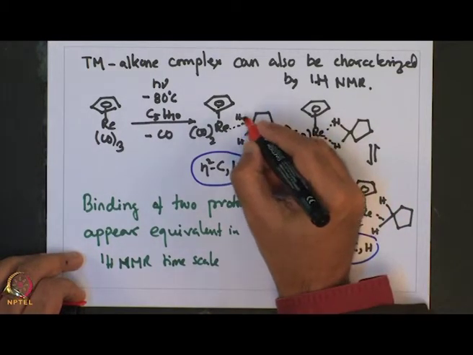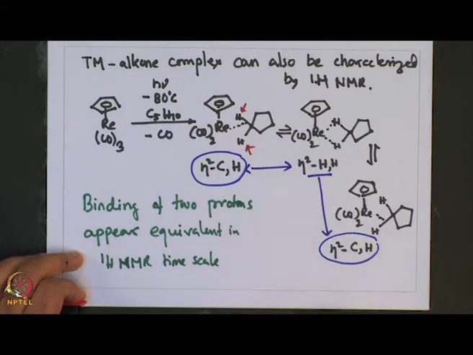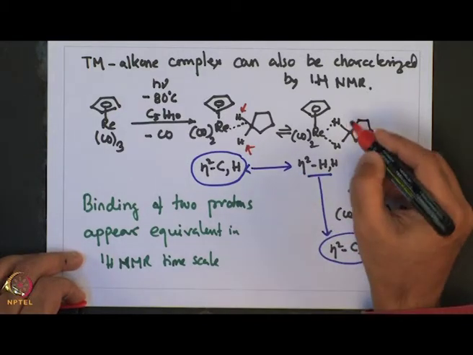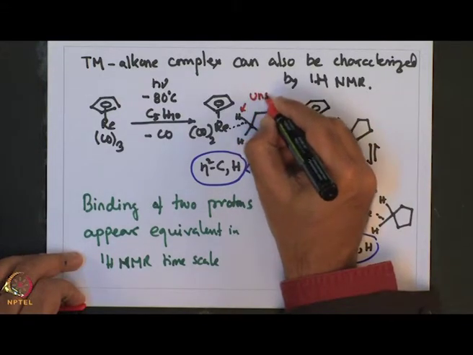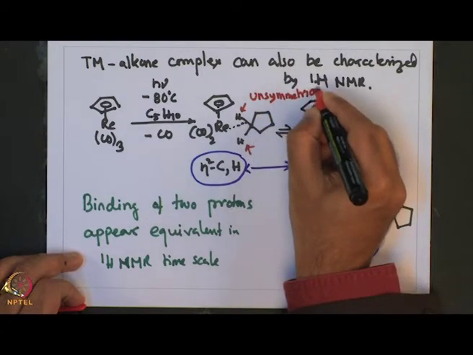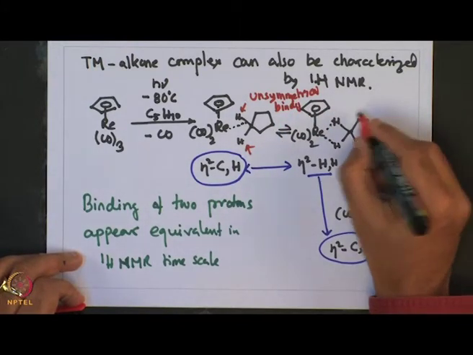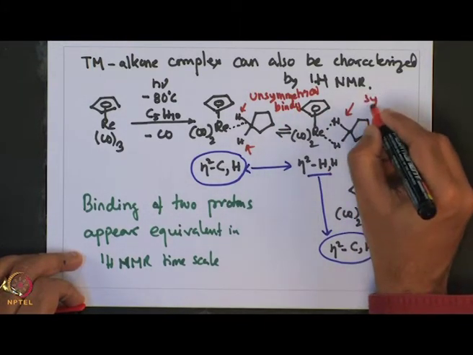As a result, there are two different kinds of proton over here, whereas eta 2 HH is a symmetrical binding.